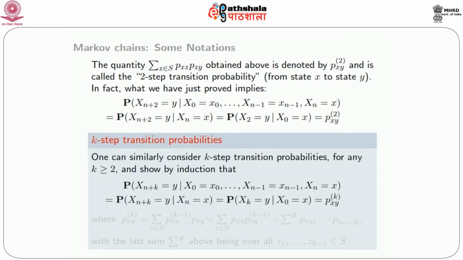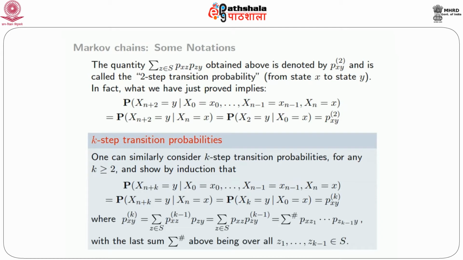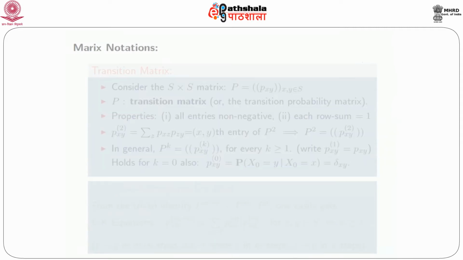So P super bracket k xy, that's the ultimate expression, and that can be written as Pxz super k minus 1 Pzy, or the other way around, but it ultimately turns out to be the sum Pxz1 ... Pzk minus 1 y, where this last sum is taken over all possible k minus 1 tuples z1, z2, ..., zk minus 1 in S. So these are what are called k-step transition probabilities.